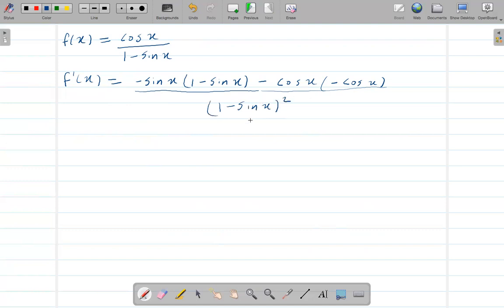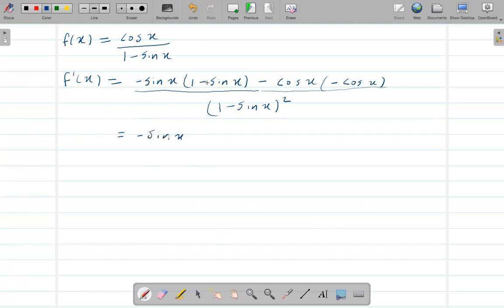Now we need to distribute this negative sine x to these two terms. Negative sine x times 1 is negative sine x.